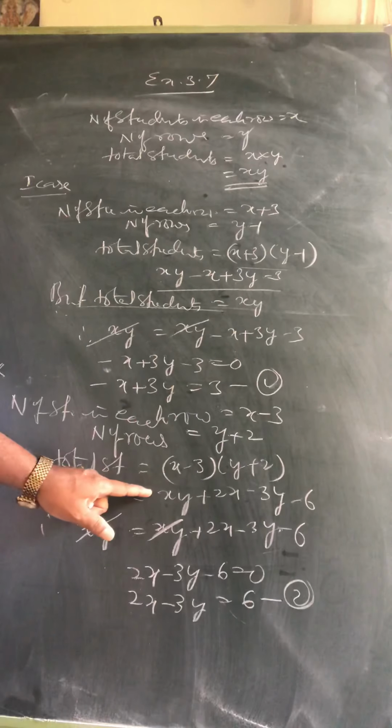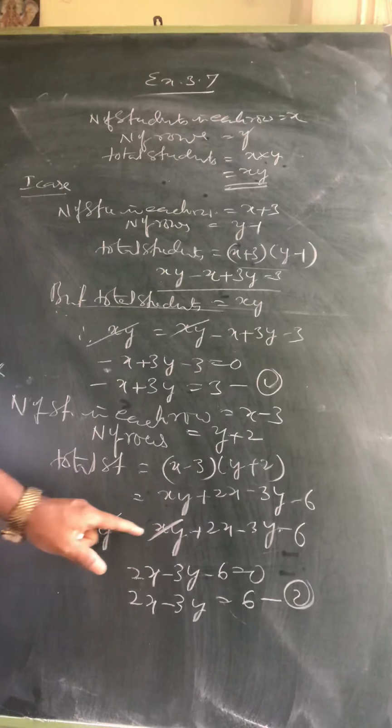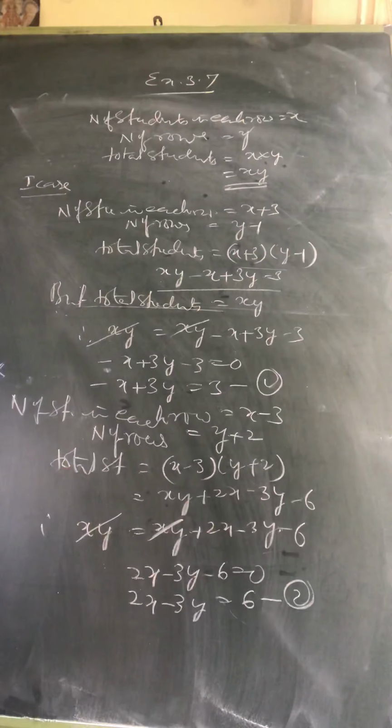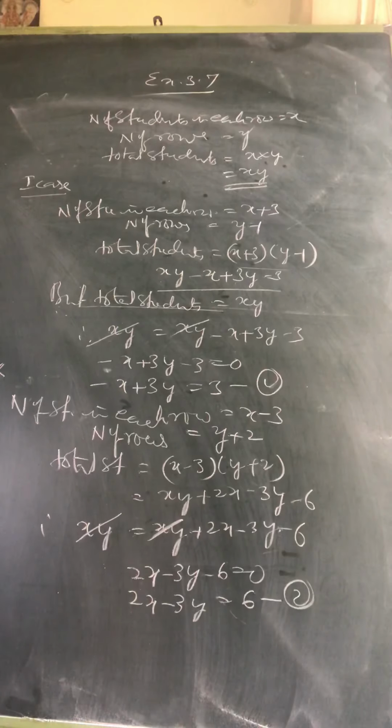So these total students you can equate with the total students xy. xy is equal to xy plus 2x minus 3y minus 6. Cancel, 2x minus 3y minus 6 is equal to 0. So 2x minus 3y is equal to 6. It is the second equation.